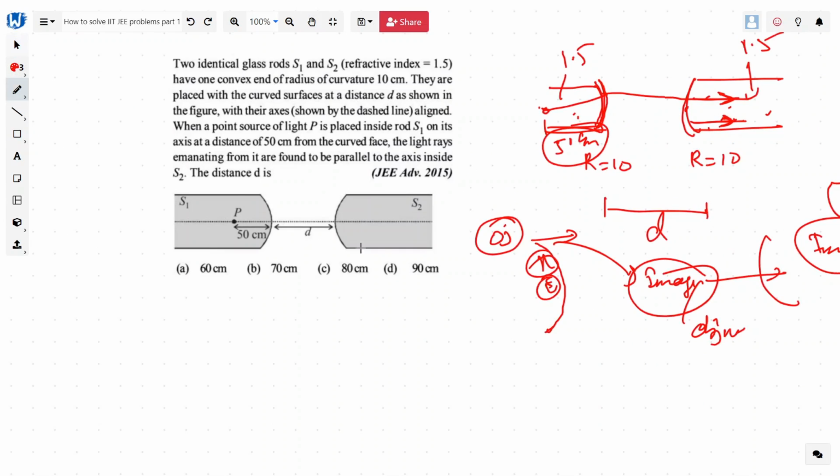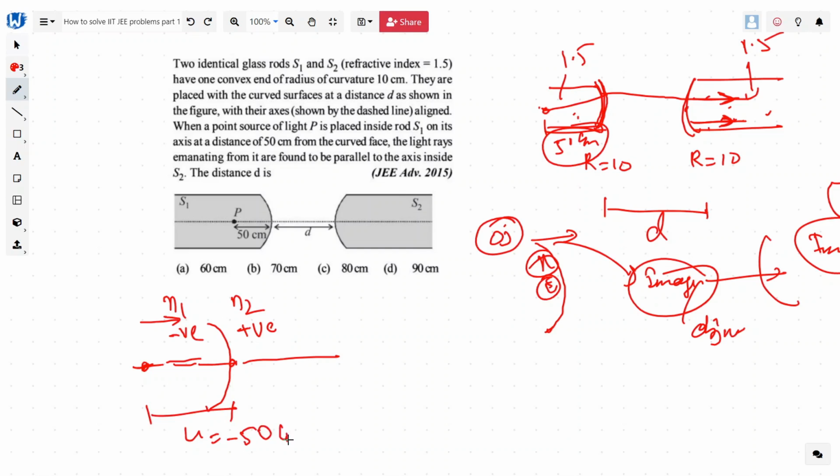Okay, so first for surface number 1, we'll always draw this diagram because it will help us get the sign convention right. Here the object is on this side, so the ray of light is coming from the object, so this side is going to be positive, and this side is going to be negative. This side is going to be N1 and this side is N2, and U is 50 centimeter to the left-hand side, so it is going to be minus 50 centimeters.